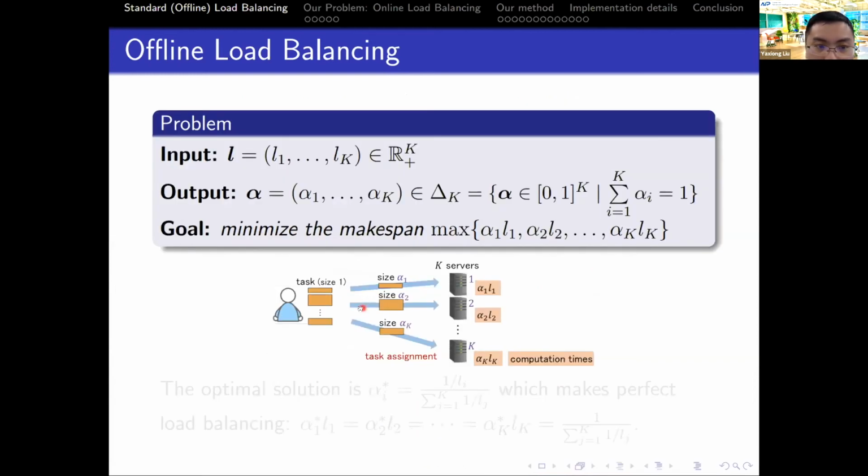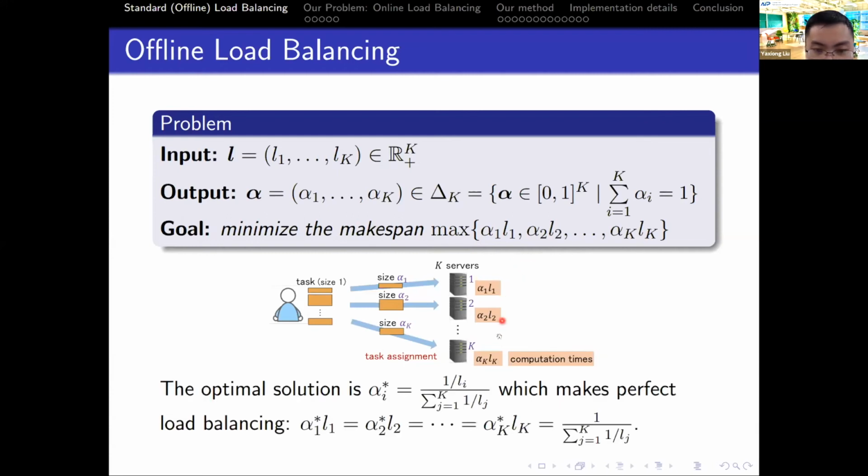So we can summarize this problem in this form. The input is the running time for each server, and the output is the distribution alpha. Our goal is to minimize the makespan, as in this equation. Of course, this is an optimization problem, and the solution is very trivial: the distribution is defined here so that each running time is equalized.